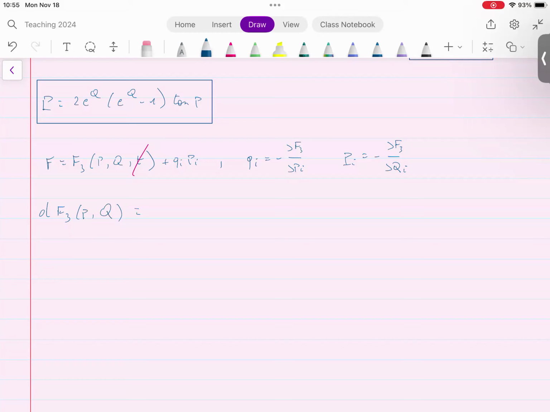So that's going to be equal, I'm taking the differential, so that's the dF3 over dQ times dQ plus the dF3 over dp times dp, or from the expressions above, that's minus big P times dQ minus little q times dp.